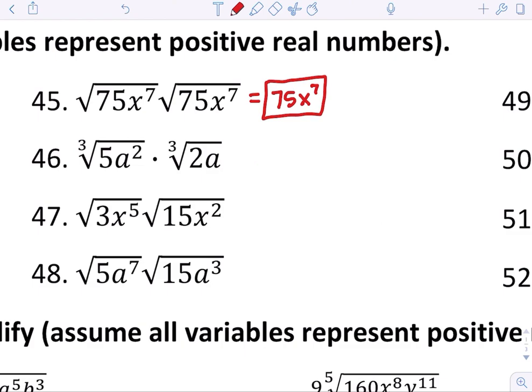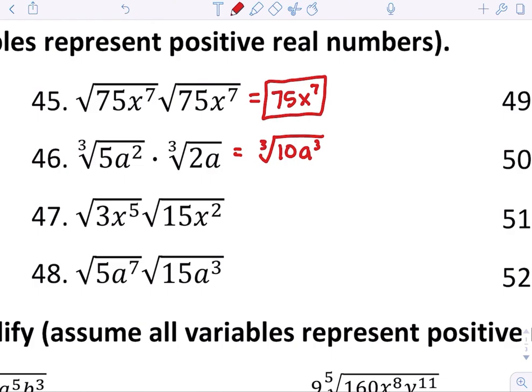Okay, all right, 46. They both have the same root, so we can multiply the insides. Cube root of 2 times 5, 10. And a squared times a to the 3rd. Now, the 10, you guys, I know that's going to be 2 and 5, but there's no way that's going to have a group of 3 of any type, so can't do anything with the cube root of 10.